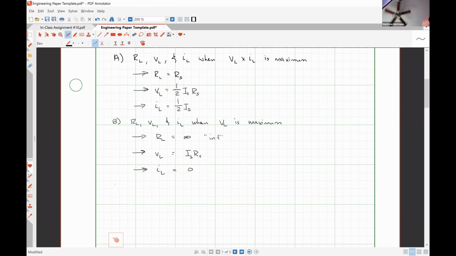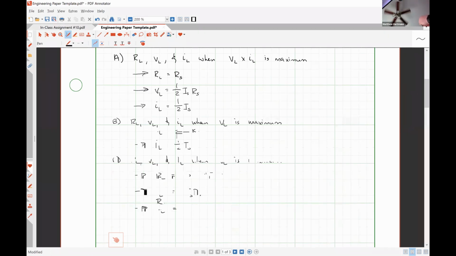All right, our last case, part C, asks for us to determine RL, VL, and IL when IL is at its maximum. So we've already discussed this a moment ago, but for the current to be at its maximum value requires our load resistance to be a short circuit or 0 ohms.